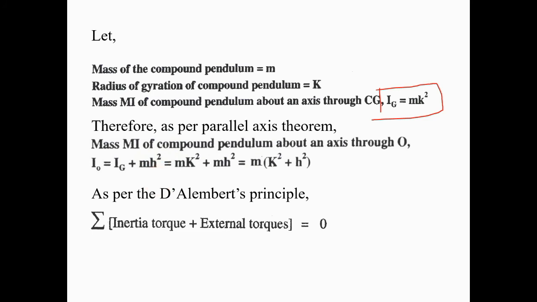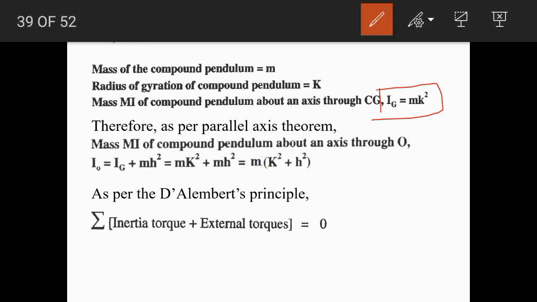So the mass moment of inertia about the axis passing through the fulcrum could be given by mk square plus mh square. So finally it could be given by m into k square plus h square.